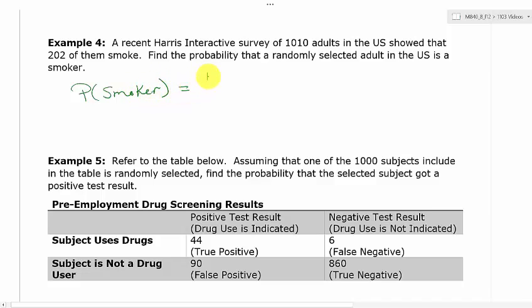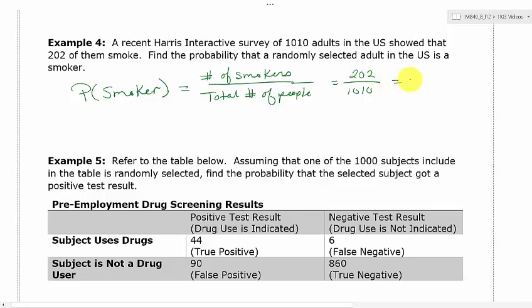On the top, we have the number of smokers divided by the number of people, the total number of people. So the number of smokers was 202, and the total number of people was 1,010. If you compute that on your calculator, you'll get 0.2.